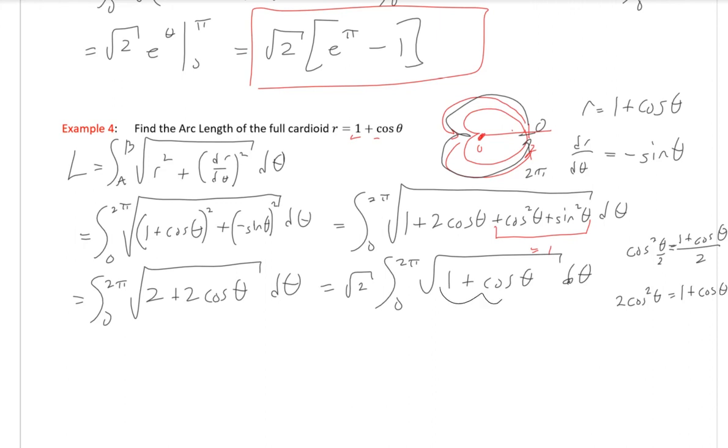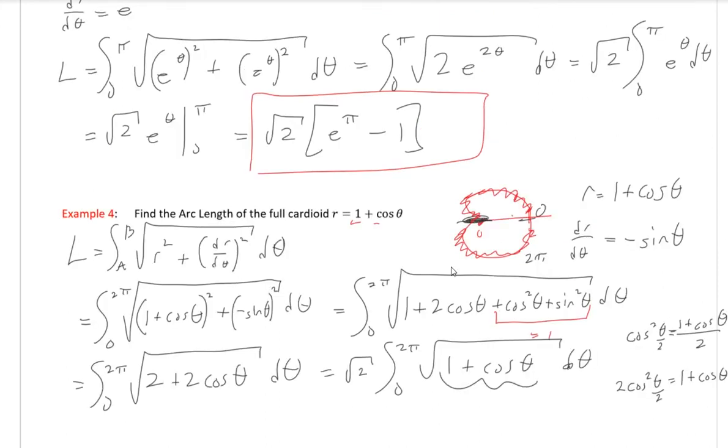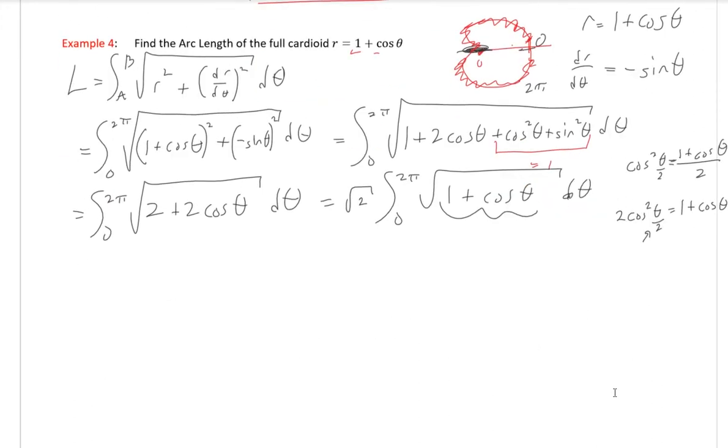So I can replace this inner value using that identity. And don't forget the pi halves here. When we plug in this simplification, we have root 2, integral from 0 to 2 pi, of, this is going to turn into 2 cosine squared of theta over 2 d theta.